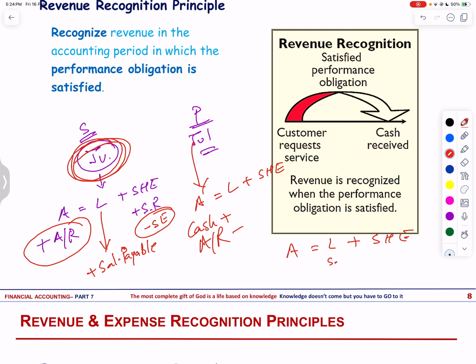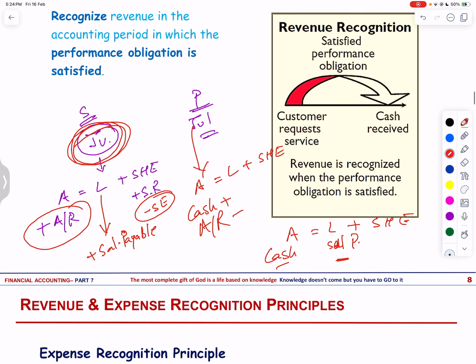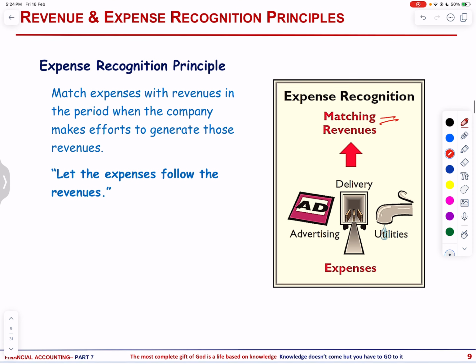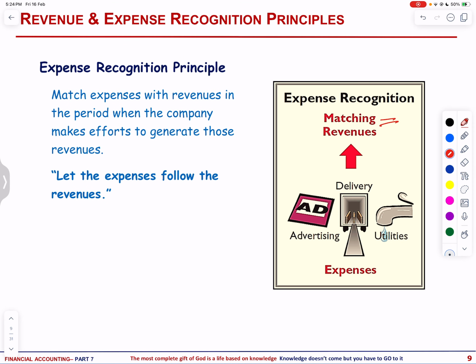Salary payable now is going to decrease because we are paying, and cash is going to decrease by the same amount. So this ensures that the company's financial statements accurately reflect the cost associated with earning revenues.